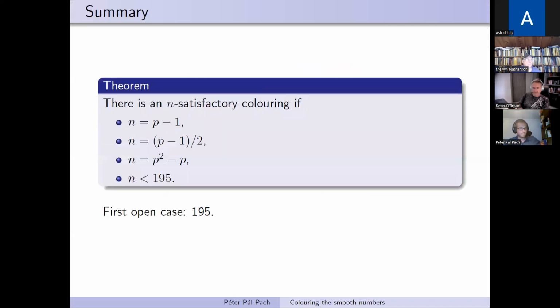And to conclude my talk, I'll just give a summary of the known results. So there are these 3 infinite families where it is known that there is a satisfactory coloring. And if n is very small, then we can check that a satisfactory coloring exists. The first open case is 195.